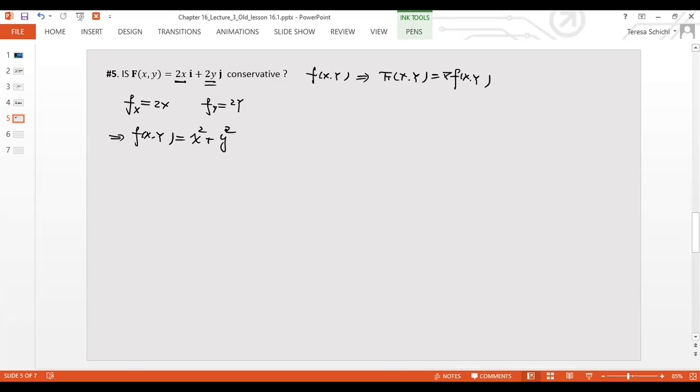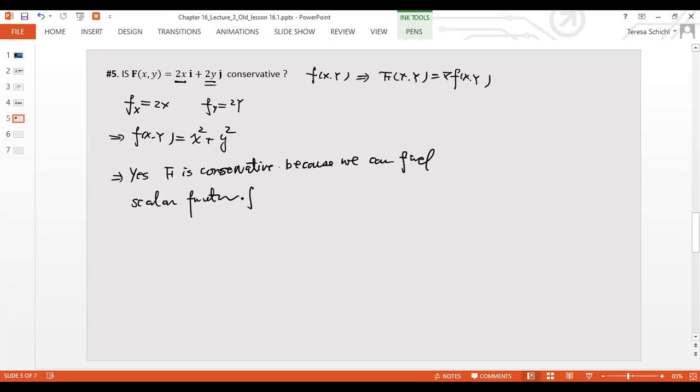So yes, F is conservative, because we can find the scalar function f of x, y equal to x squared plus y squared, which is one such function.